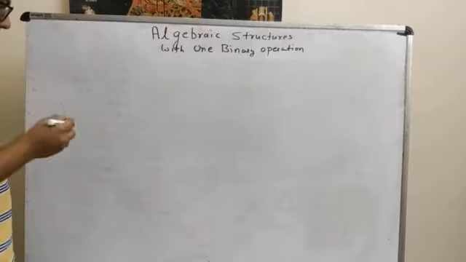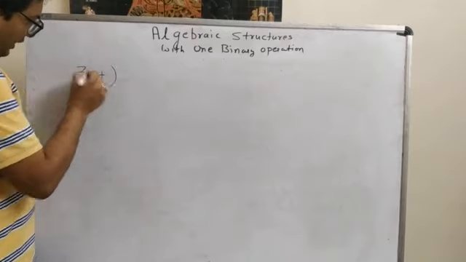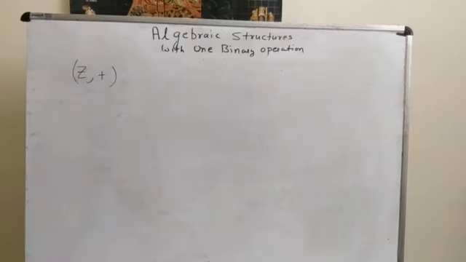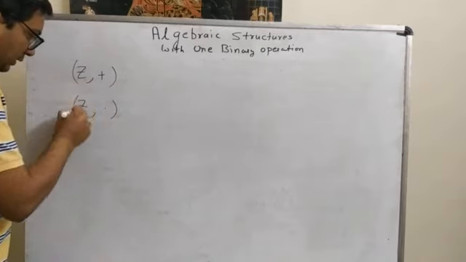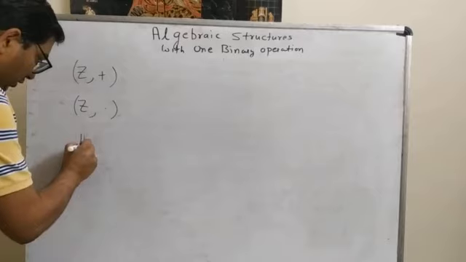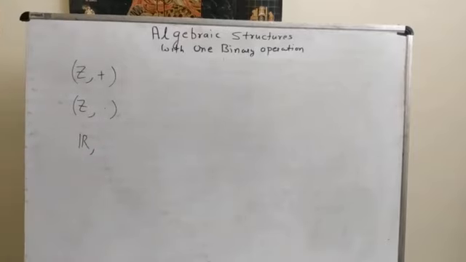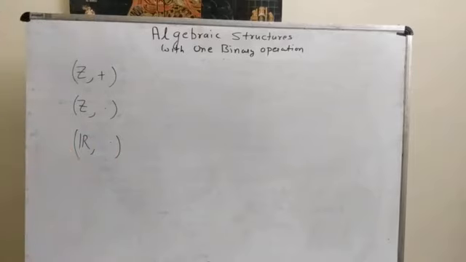So let us take these algebraic structures: the set of integers with usual addition, the set of integers with multiplication, the set of real numbers with multiplication.